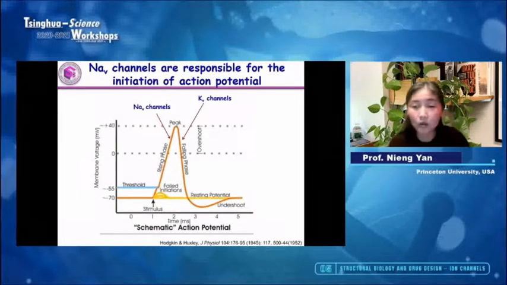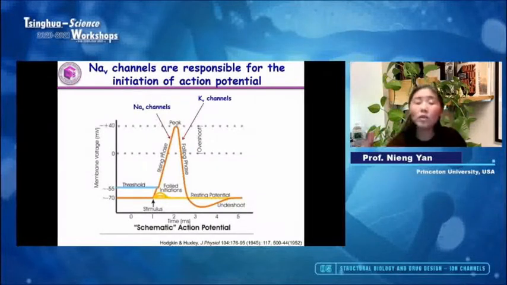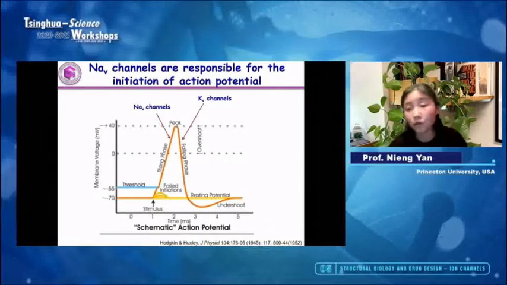I will not go into details, but just for those audience members who are not familiar with neuroscience, in our muscles or neurons, the membrane has an electric field across it, known as the membrane potential. Just keep in mind, it is negative inside at the resting state.